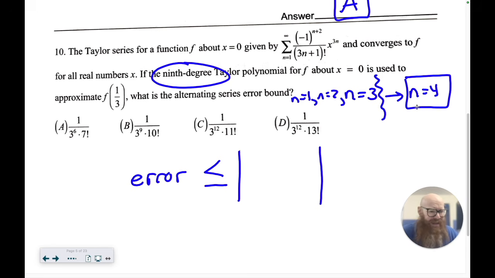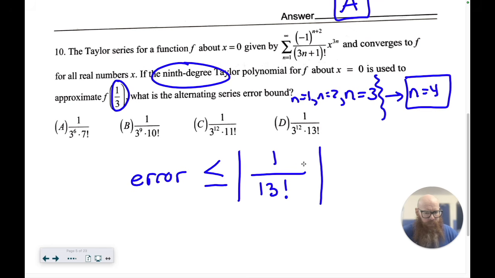When I plug in 4, well, -1 to the 6th is +1. Plugging in 4 here, I get 3 times 4, which is 12, plus 1, so that's 13 factorial. And then my x is 1/3.